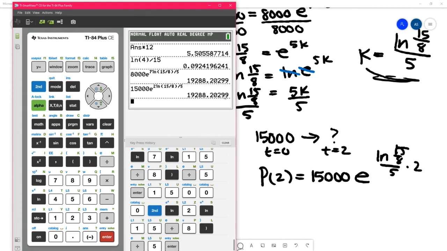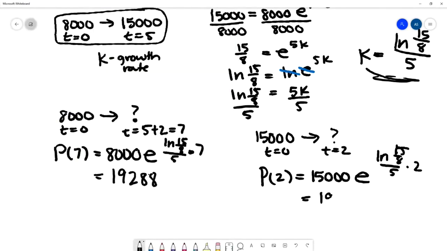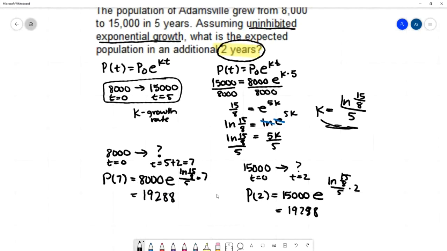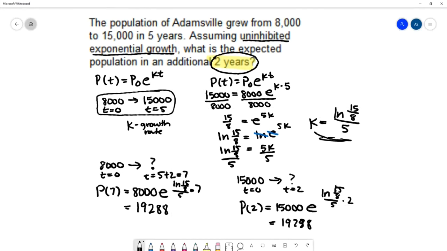And you see we get the same answer, 19,288. So just as a reminder of how we got here, we needed to use some of the information given to us to find the growth rate. And once we found the growth rate, we could use that information to answer other questions about this population.